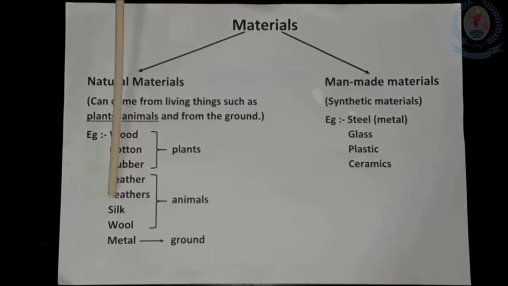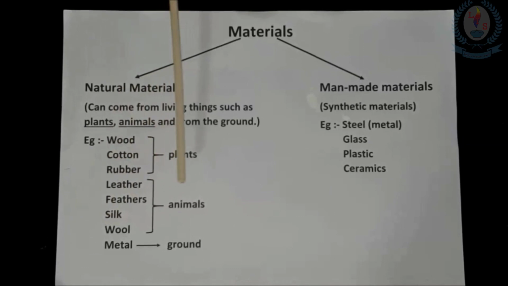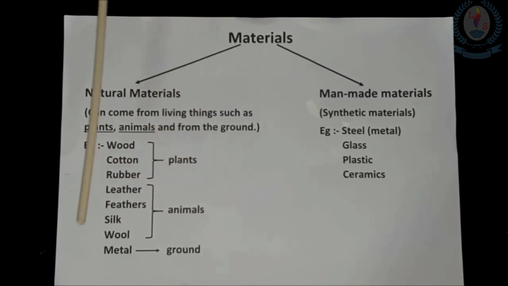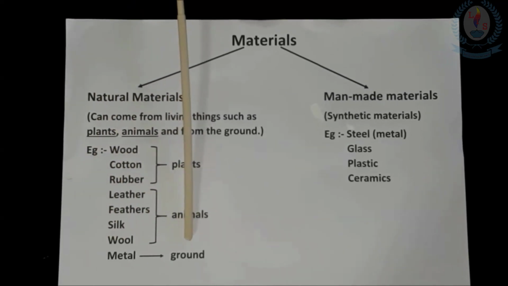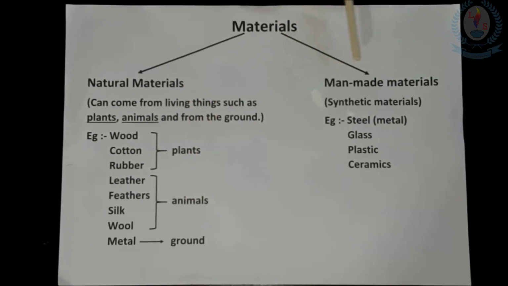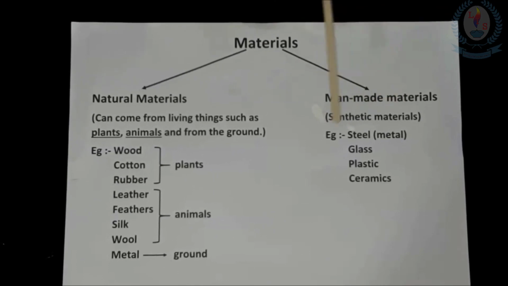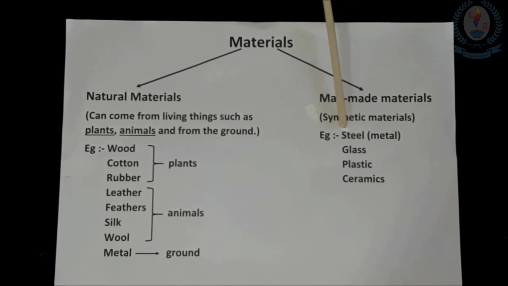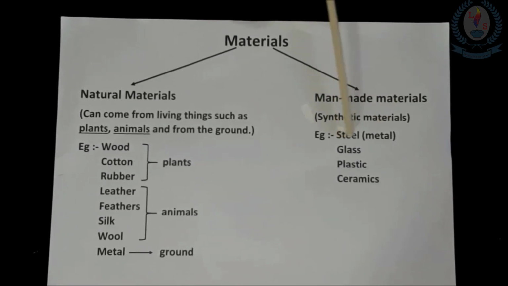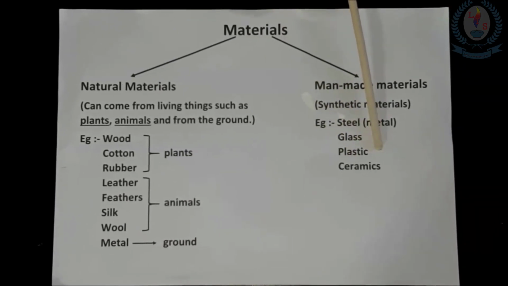Leather, feathers, silk and wool are taken from animals. Metal is taken from the ground. Man-made materials are called synthetic materials. Examples: steel, which is a metal, glass, plastic and ceramics.